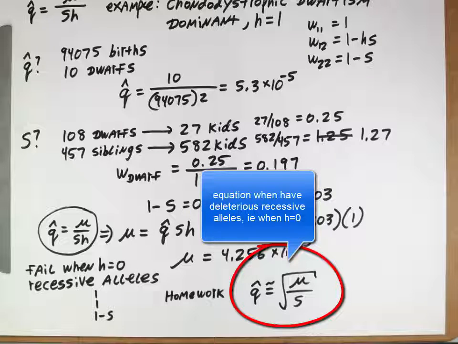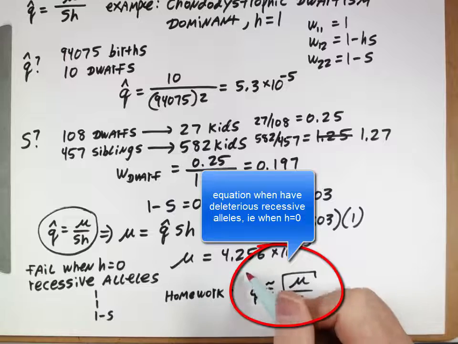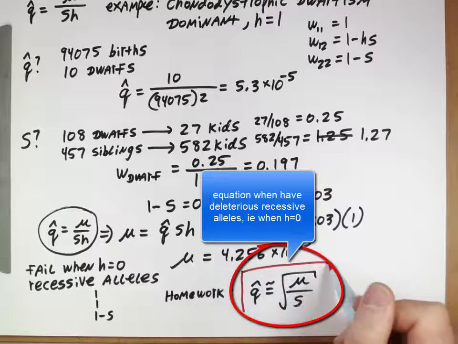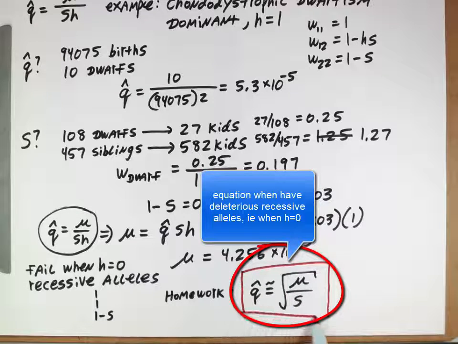For your homework assignment, you do not have to make any such approximations. This is actually an easier derivation than the one that I did, and you kind of know what you're headed towards. So start that derivation off the same way as the previous one, and you should be able to derive this equation, which is the appropriate equation to use for deleterious recessive alleles.